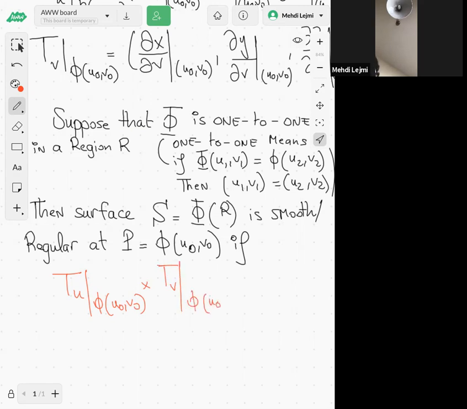It's not the zero vector. Again, guys, this is a cross product. The cross product of two vectors is a vector. It's different from the scalar product. With the scalar product the answer is a number, but with the cross product the answer is a vector. So if this is different from the zero vector, then your surface S is smooth or regular at the point P.